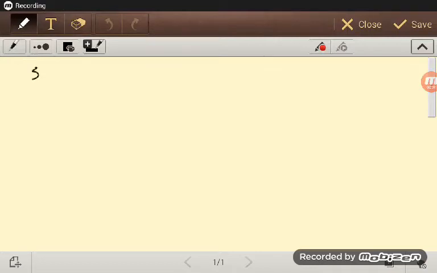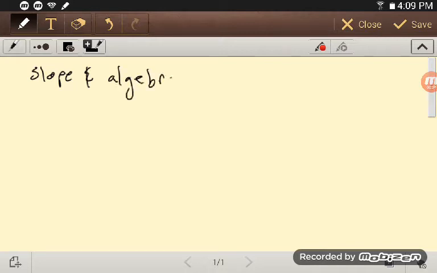Now let's look at slope and algebra. And at this point, I want to also toss in here proportionality. In particular, we're going to look at direct proportionality.